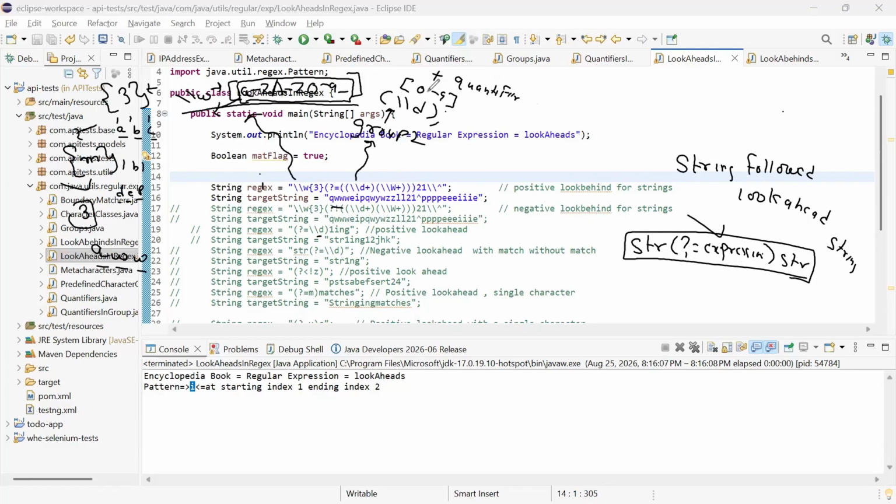So what does this expression imply here? It is saying I am a combination of digits which is repeated either one time or more times.